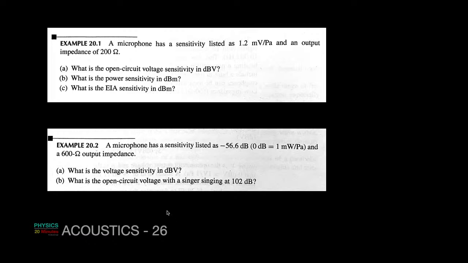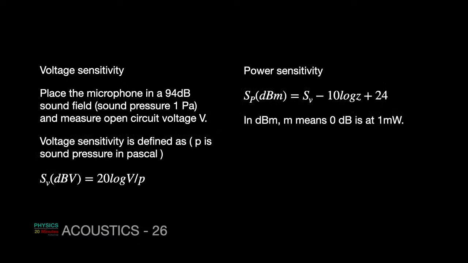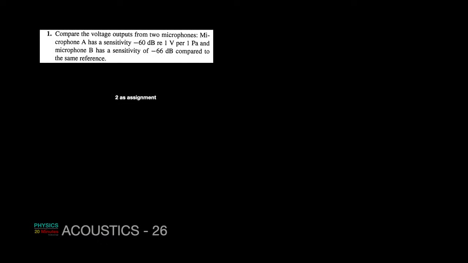Both of these problems can be solved by using the formulae which we developed in the last class. So I don't think we have to go through it right now. You can go through it and compare the voltage output from the two microphones.